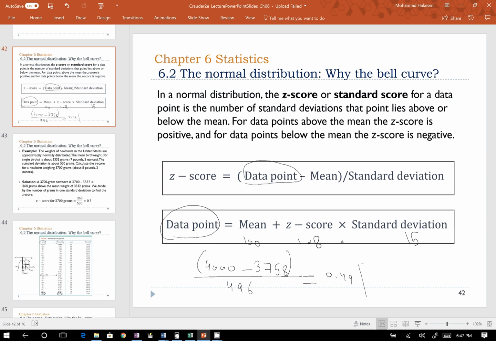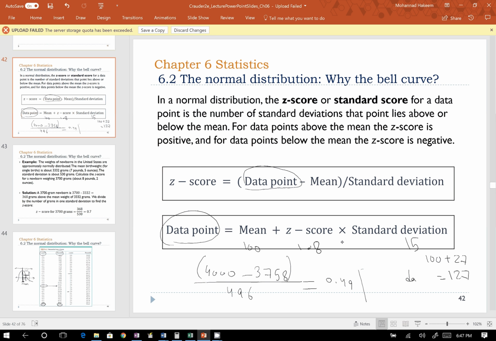So this will give you 100 plus 27, 127, which is the data point. So we use the formula to get the same answer.